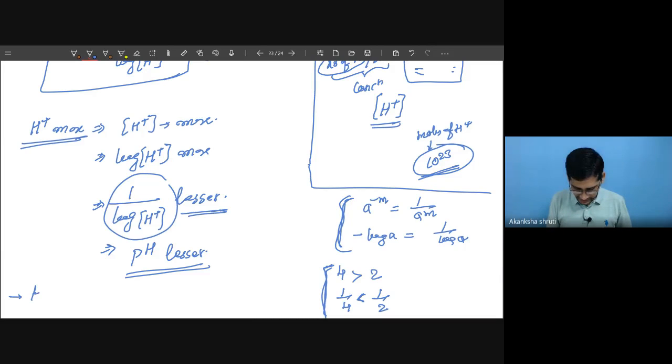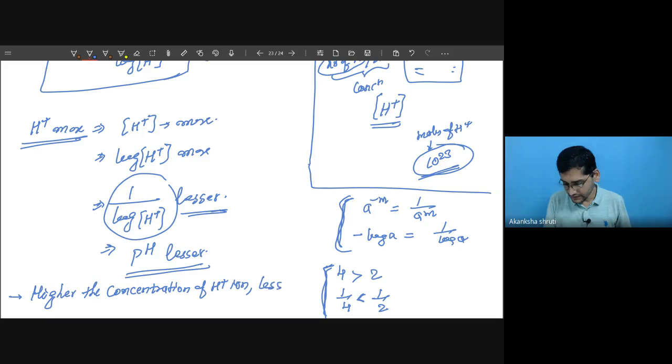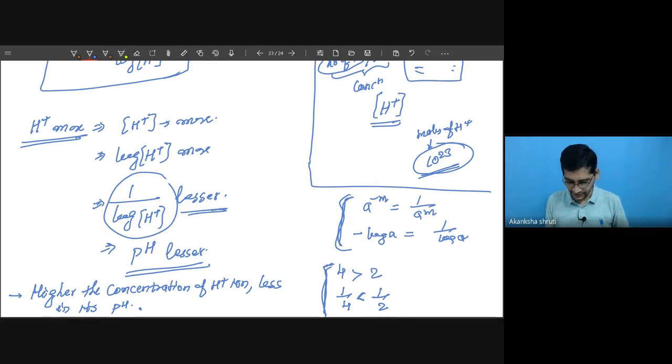So write: higher the concentration of H plus ion, lesser is its pH. Let us stop it here. Then from where the scale starts and what is the range, we will discuss in the evening. So this evening the pH topic will be finished. Let us keep the class for the evening also.